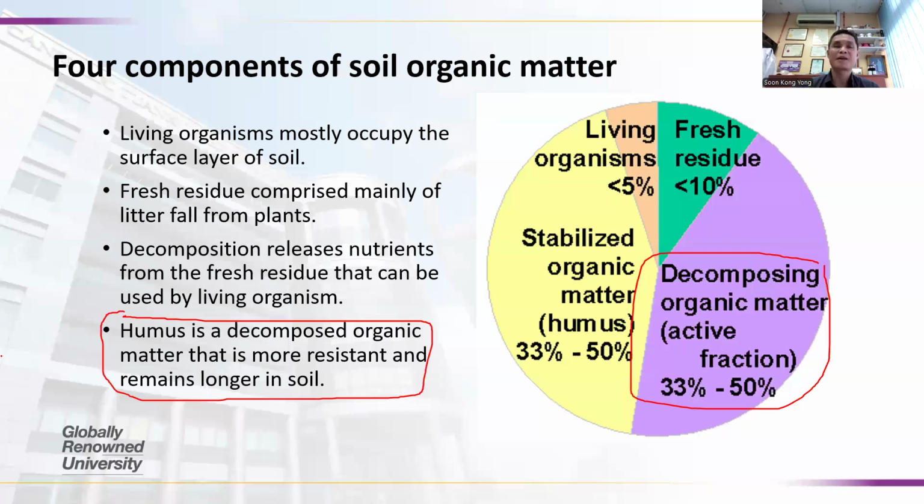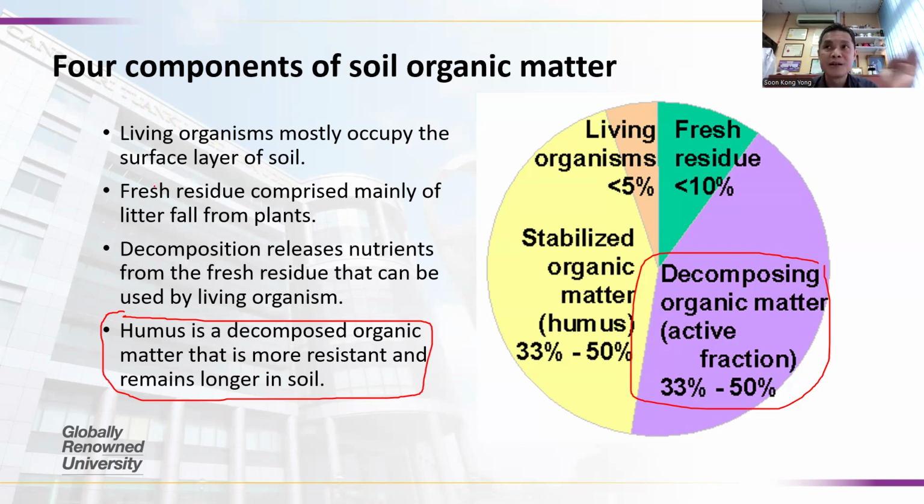So why does this matter? Because while all this process is happening, only this one sticks and remains. Humus is called a decomposed organic matter. It is more resistant, it remains longer. So in terms of the functionality and also the fertility of soil, most likely it is determined by humus because it stays longer. Now let's say that the decomposing organic matter doesn't matter.